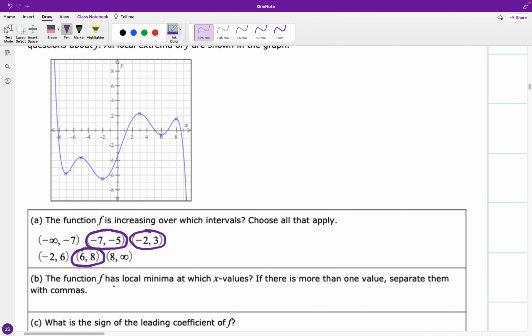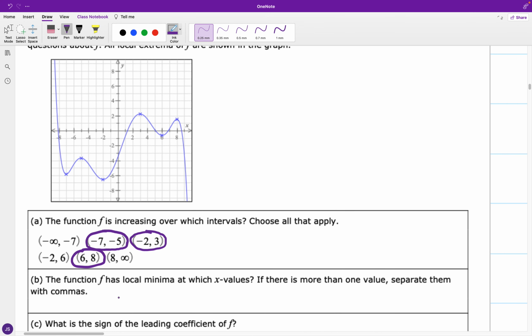Now we have that the function has local minima at which x values. For the local minima, those are going to be your dipping points. Over here, this corresponds to x equal to negative 7, which is our lowest x value.